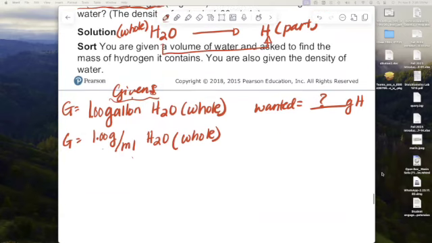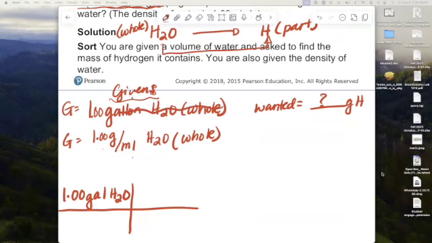So I'm going to start with the simplest number as usual, 1.00. I'll write this as gallons of water. This is the given number and the given unit. I'm starting with the simplest one. Now, remember the gallon is a volume, right?